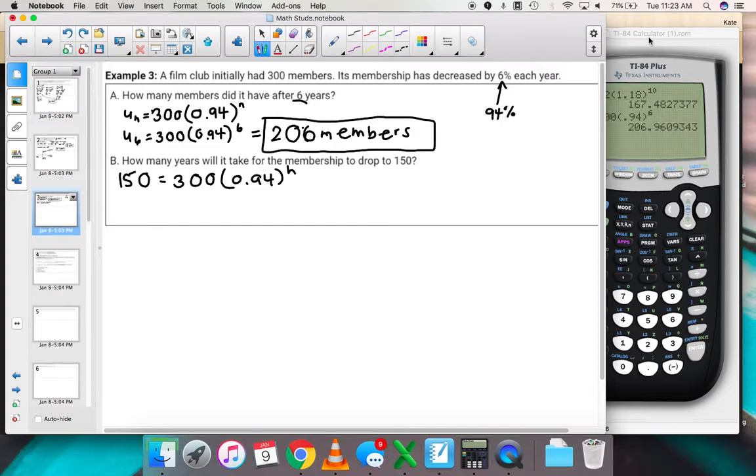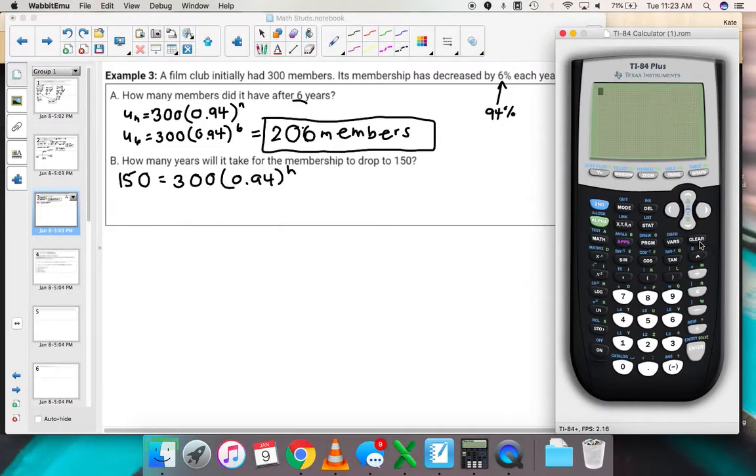So we are going to do the exact same thing as we did before. In Y1, we're going to enter 150. And in Y2, we're going to enter our equation, 300 times 0.94 to the power of X, or n in this case, the number of years it's going to take for the film club membership to decrease to 150.